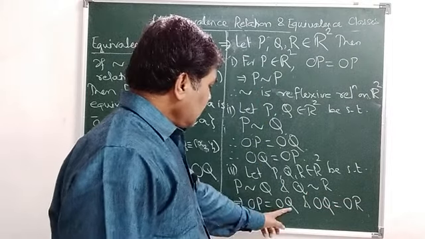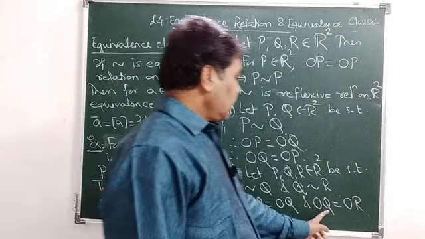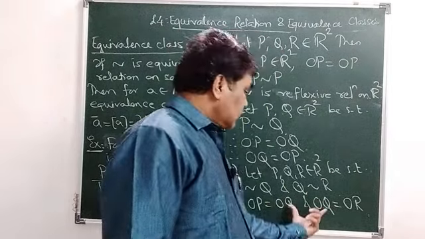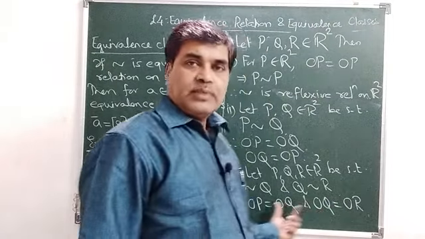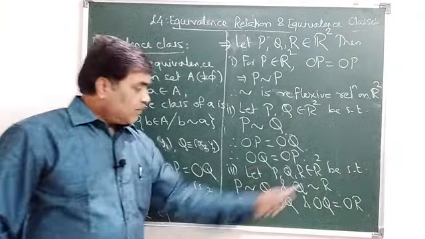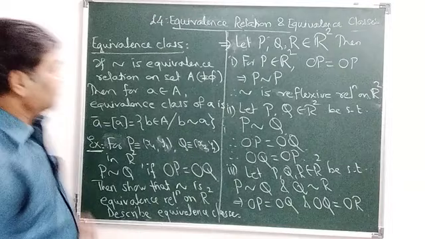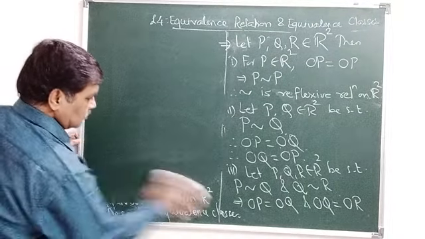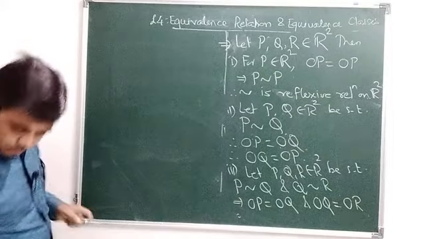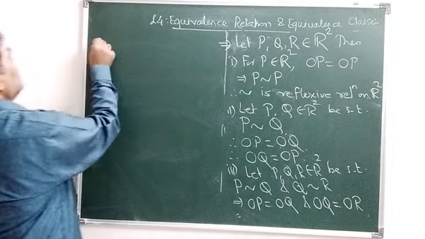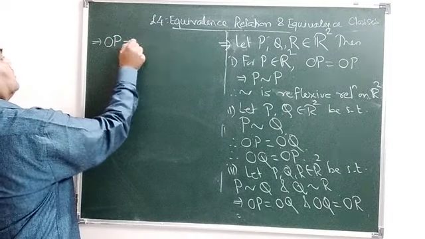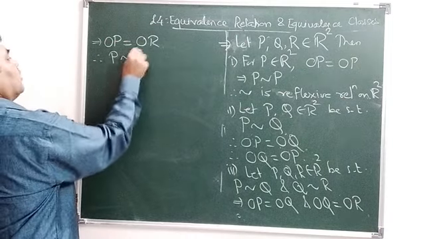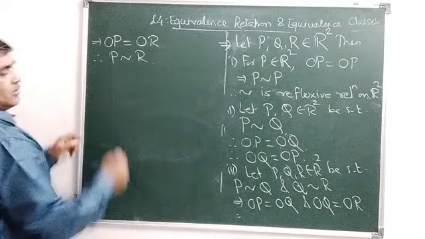So P and Q are at the same distance from origin, Q and R are at the same distance from origin. As OQ is the common distance here, this implies OP must be equal to OR. Therefore, P is related to R.